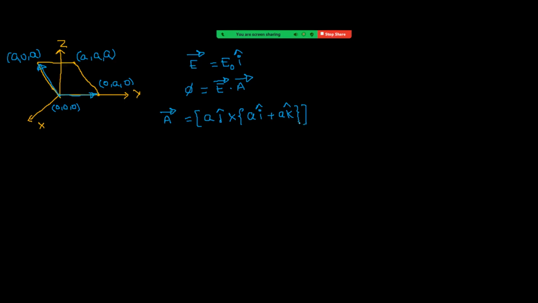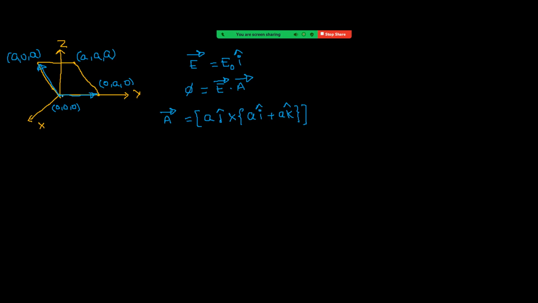So for the area vector, we can write either this vector cross this vector or this vector cross that vector. Both will be the same, only the direction changes.